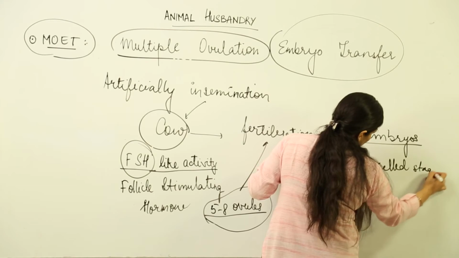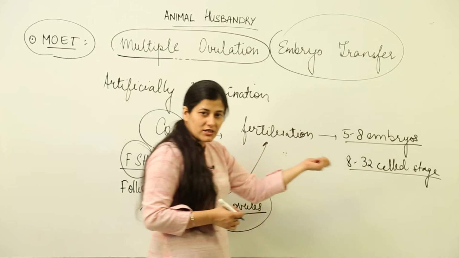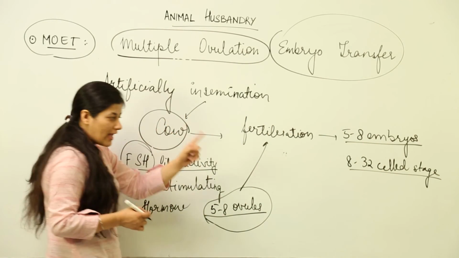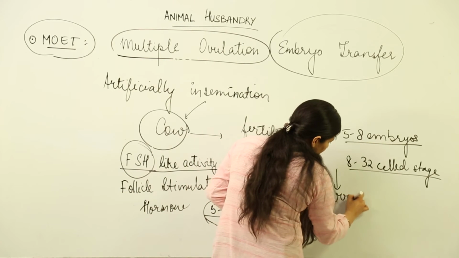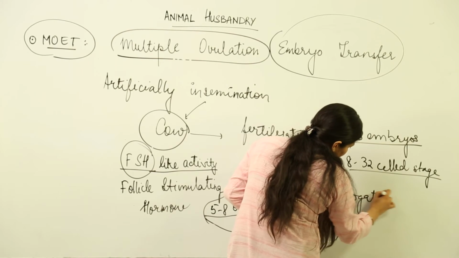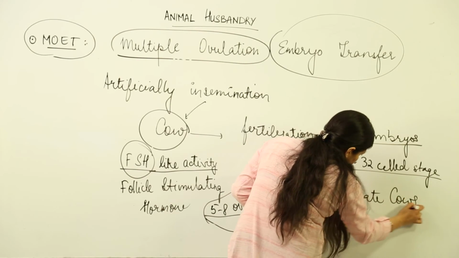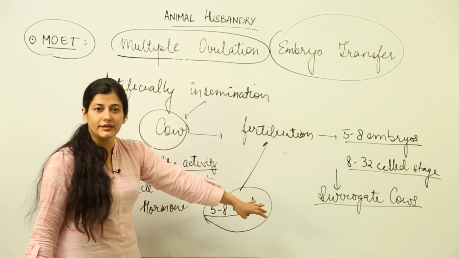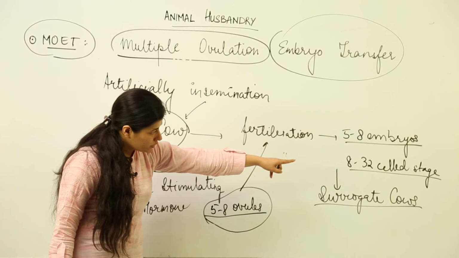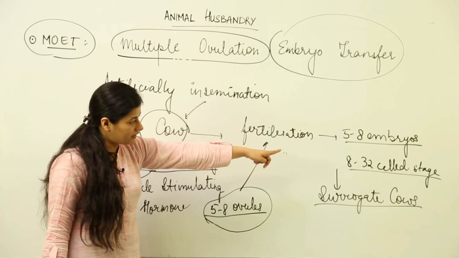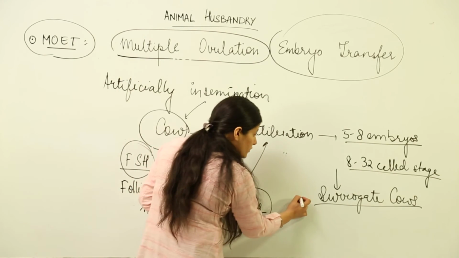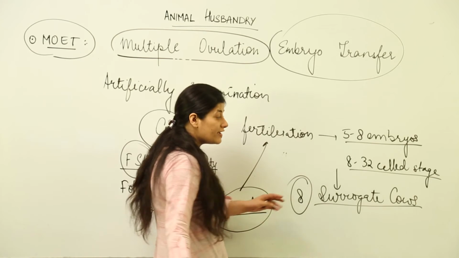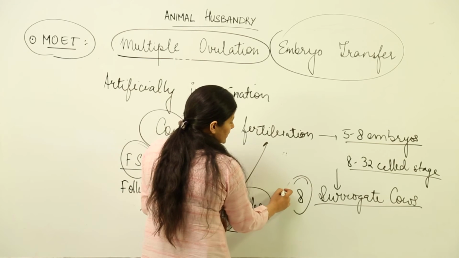they are to be extracted from this cow and implanted in the surrogate cow. The surrogate cows would be impregnated using those embryos extracted at the 8 to 32 cell stage, and you are going to get 5 to 8 cows impregnated in one go.